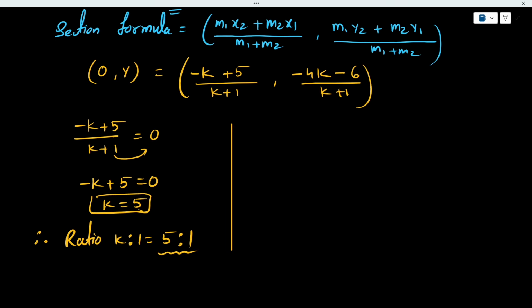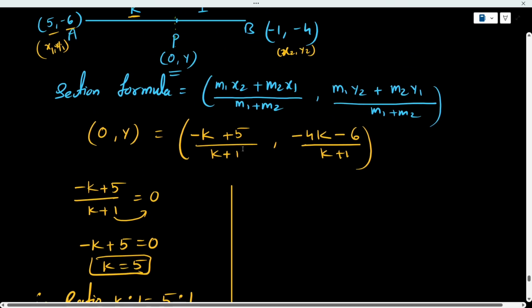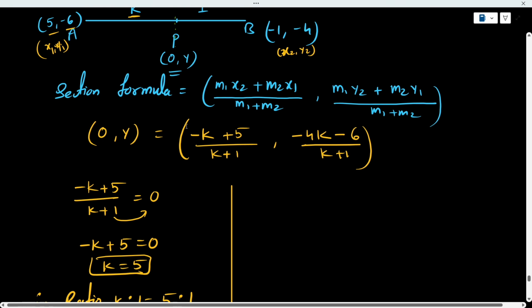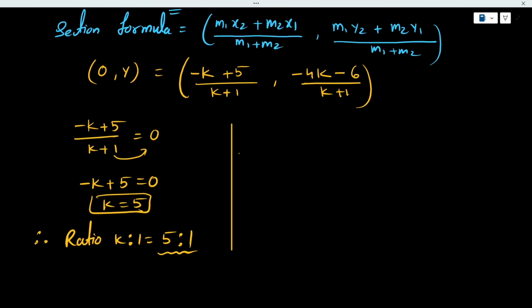What is the second part here? You need to find the coordinates. So the x coordinate is already 0. You have to just get the y coordinate. If you do this comparison, y is equal to this whole value. So I can write y is equal to minus 4k minus 6 by k plus 1, right? And you already have the value of k as 5.